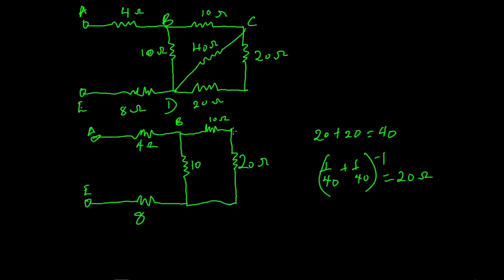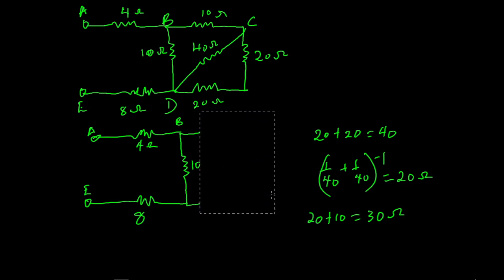Now look at this. We have this 20 in series with this 10. So to get the effective resistance, we are going to have 20 plus 10 ohms, and that is going to give us 30 ohms. We replace it with a 30 ohms resistor.